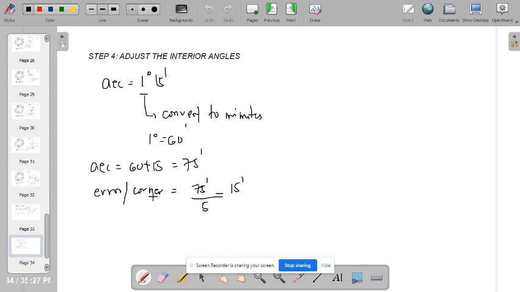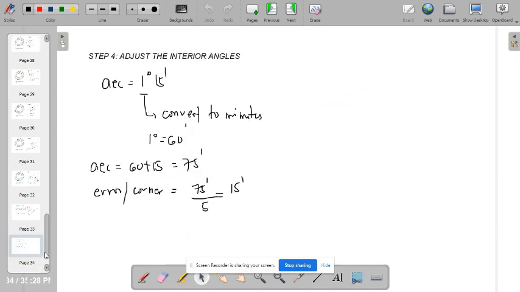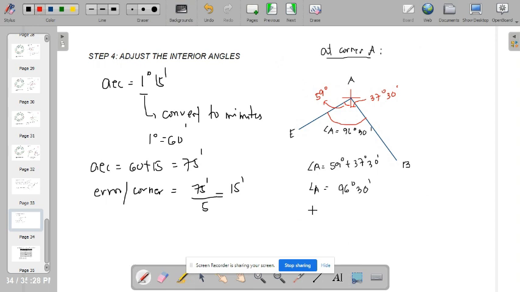Okay. Now, like in corner 1 or corner A, you have to subtract this by 15 minutes. Okay. So 96 degrees 30 minutes is 96 degrees. 96:30 less 15 minutes is 96:15.